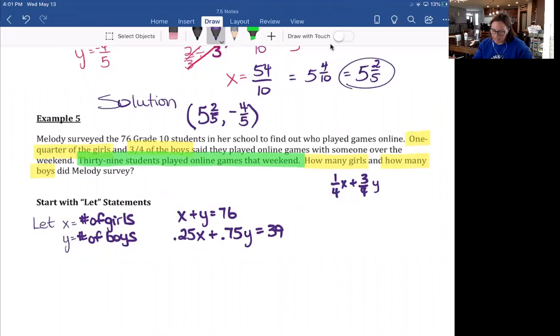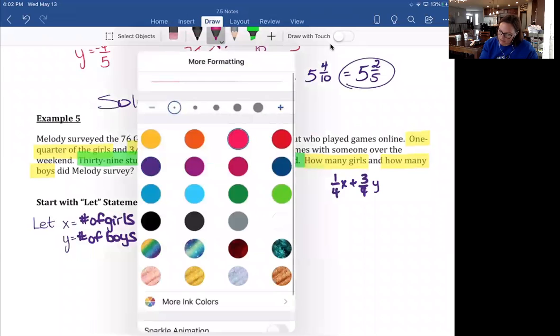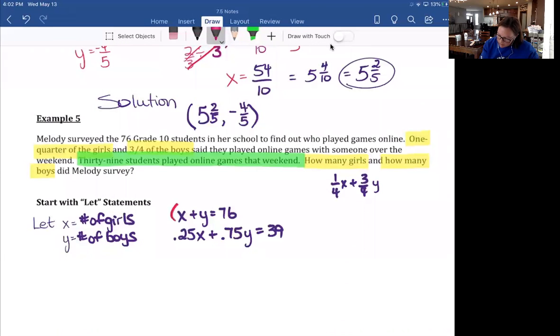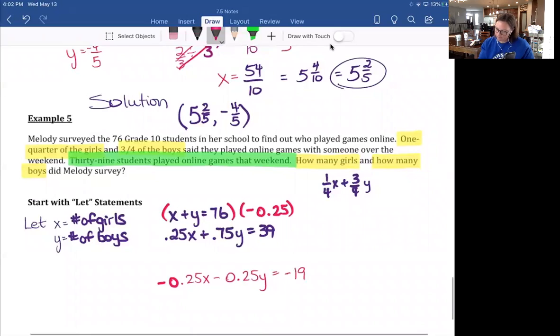Okay, so we're using elimination. We want to try and eliminate one of these variables. So I personally am going to multiply this one by negative 0.25. So then I'm going to get negative 0.25x minus 0.25y is equal to 76 times negative 0.25, which is negative 19.